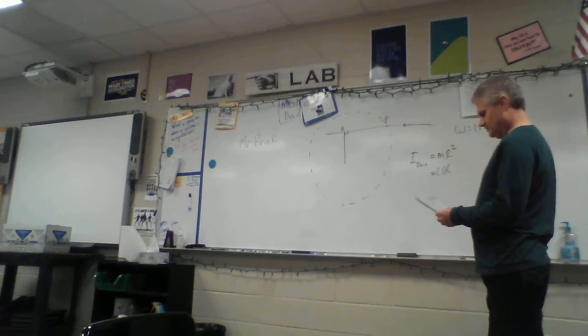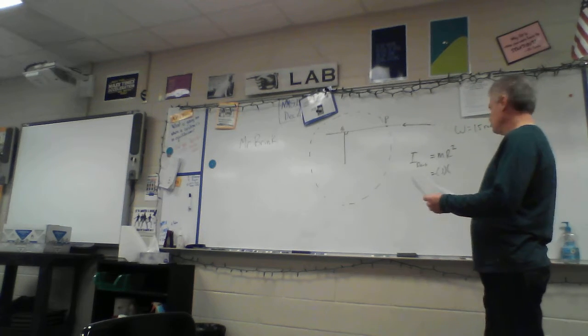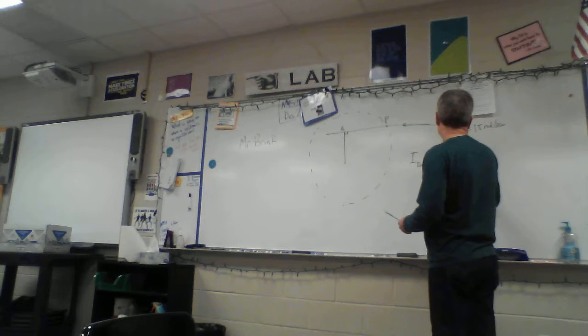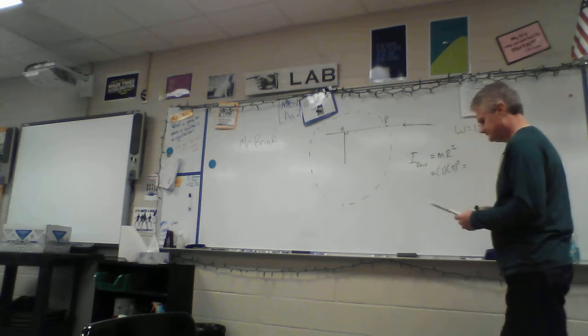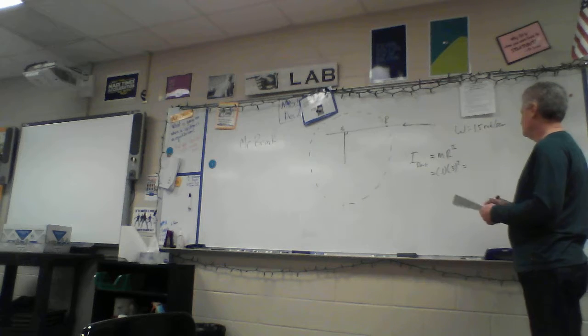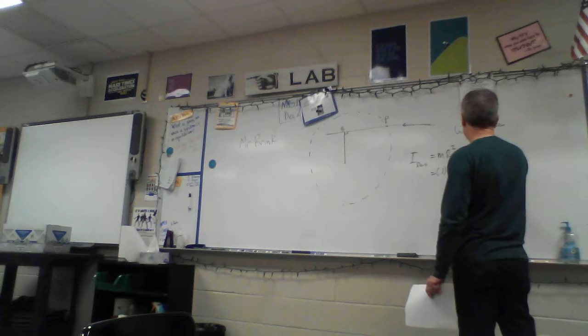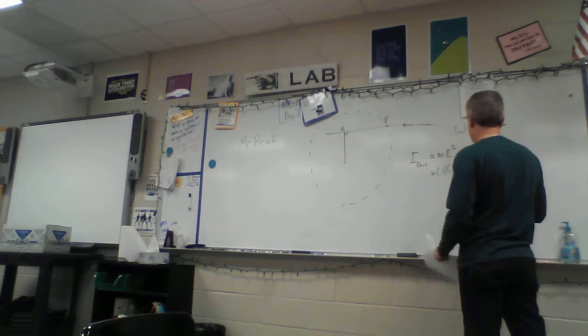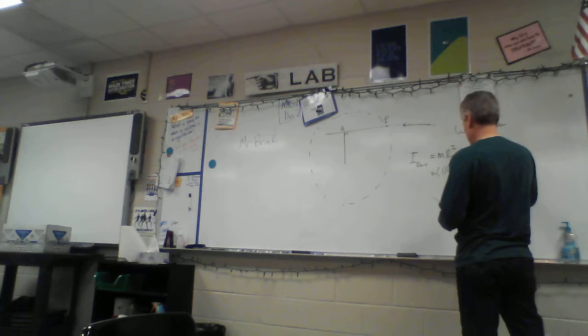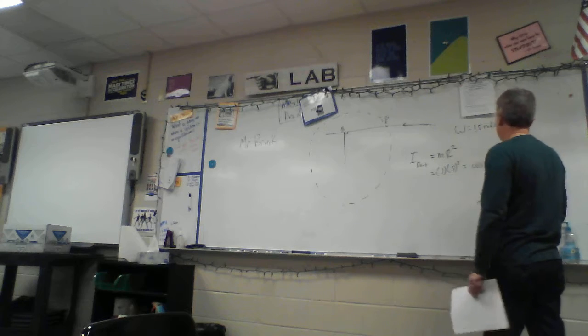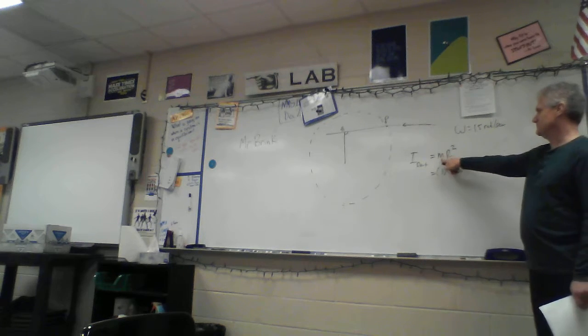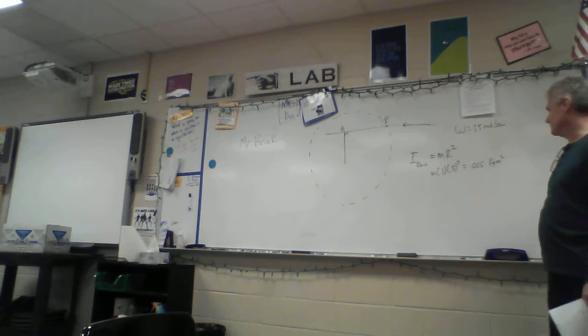The radius at point P is 0.5, and you square that. So 0.25 times 0.1 would be 0.025, and this again is I, which is kilograms times meters squared, because mass is in kilograms, radius is in meters, and you square it.